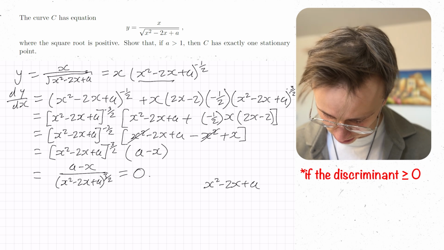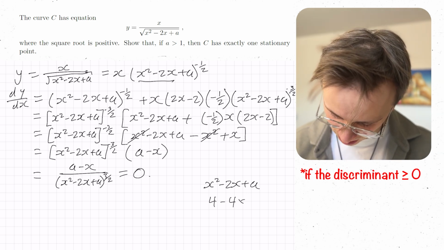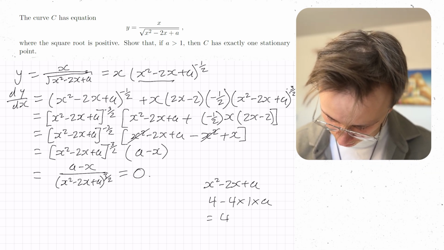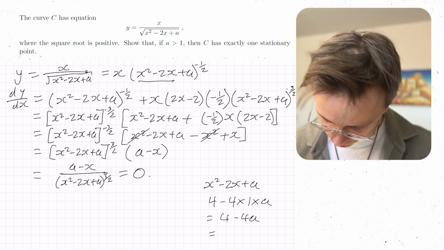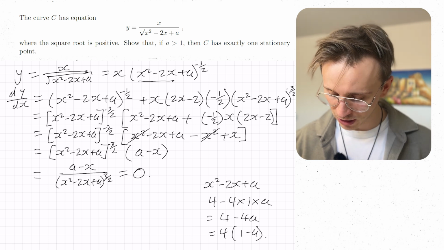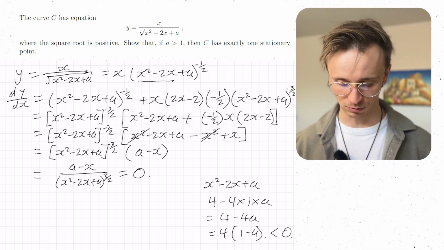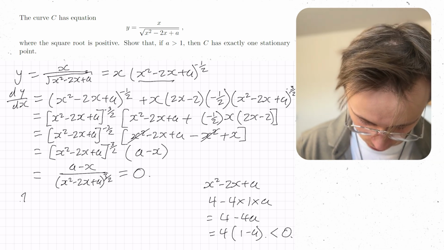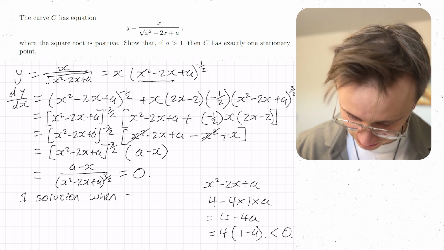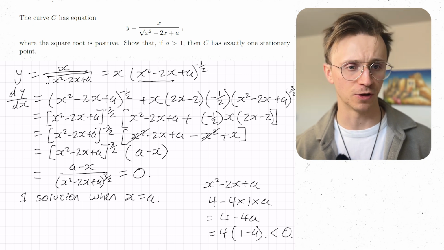But the discriminant here is b squared minus 4ac, which is 4 minus 4 times 1 times a, equals 4 minus 4a, which is equal to 4 times 1 minus a. And since a is greater than 1, this is less than 0. So the denominator can never be equal to 0. Therefore I only have one solution, when x equals a. And that's all I need to do for the first part.